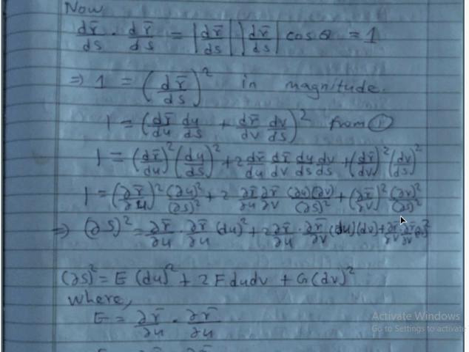If you look at the right hand side, in the denominator we have the square of partial s, so we multiply both sides by the square of partial s.